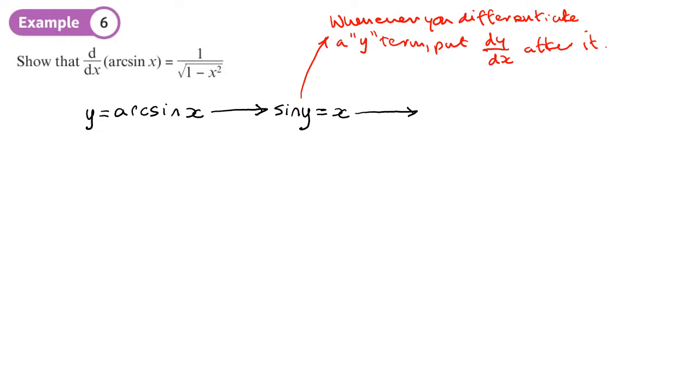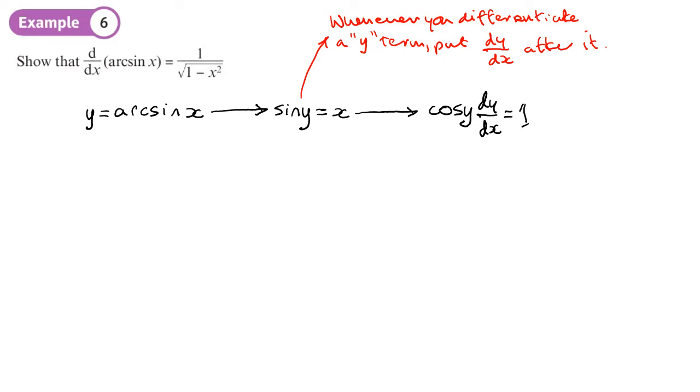That's just to show you've differentiated a y term as if it were an x term. So sine y will become cos y, but we write dy dx because we're working out dy dx, not dx dy. Then if you differentiate x, we get 1.